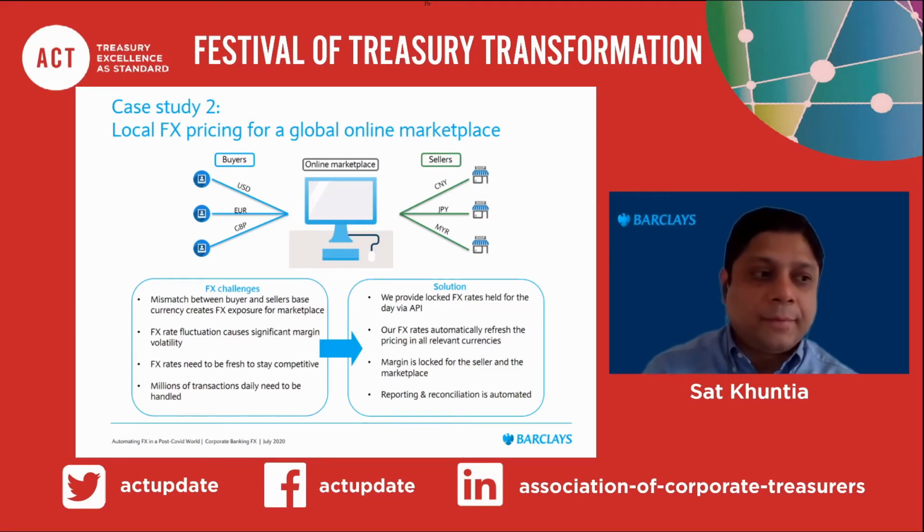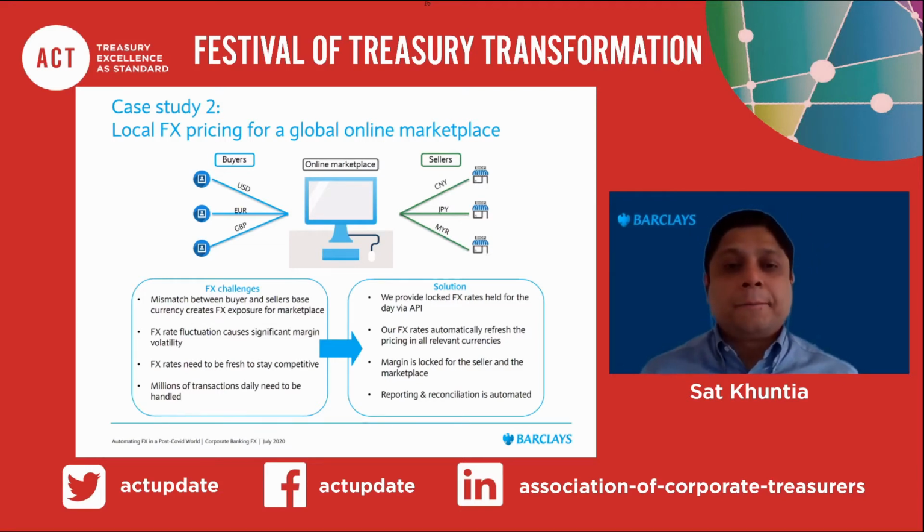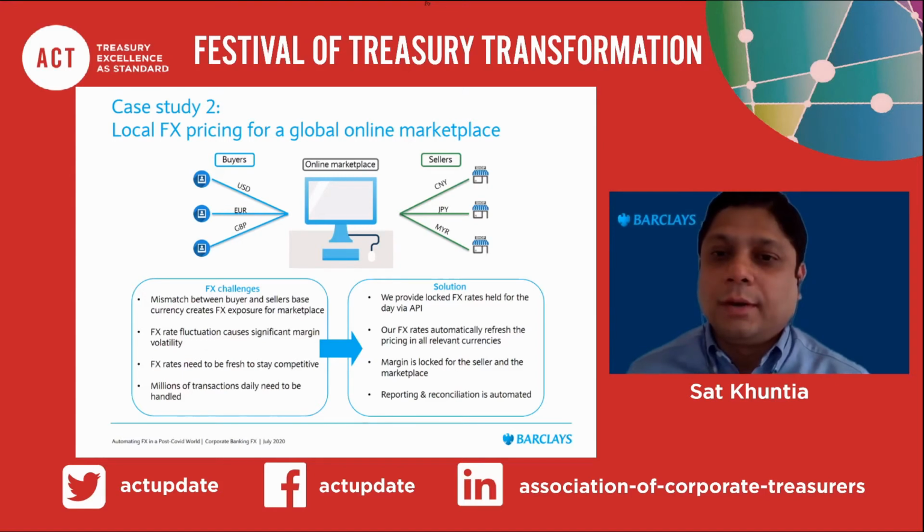I'm showing an example where buyers have base currencies of US dollar, euros, and pound sterling. And on the seller side, I've just taken some examples: Chinese yuan, Japanese yen, Malaysian ringgit.